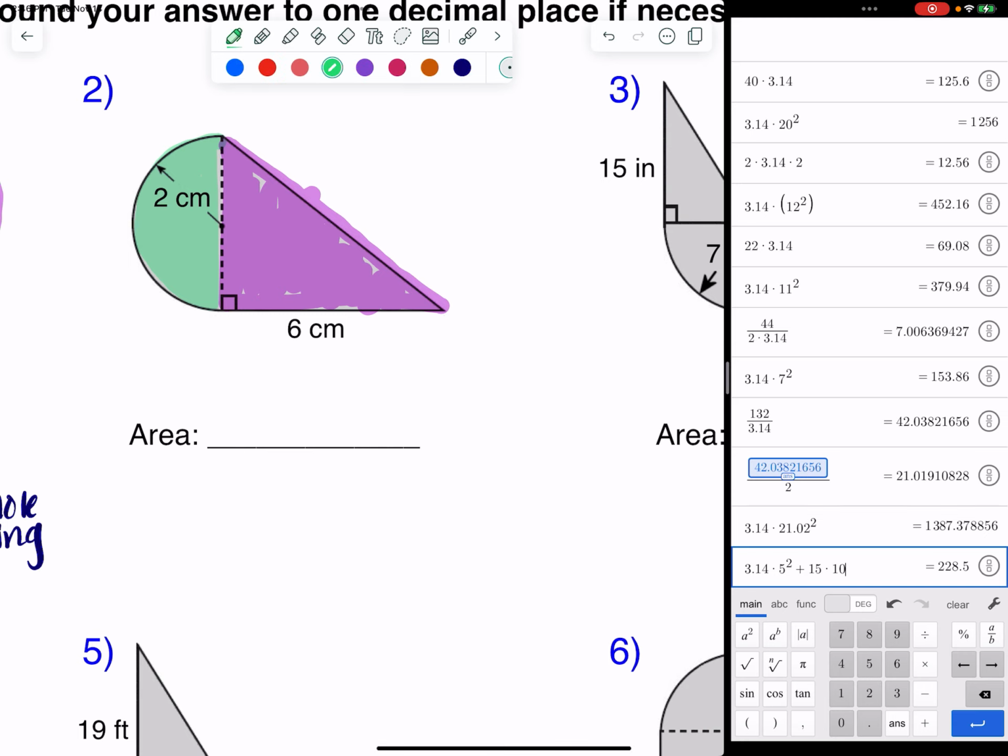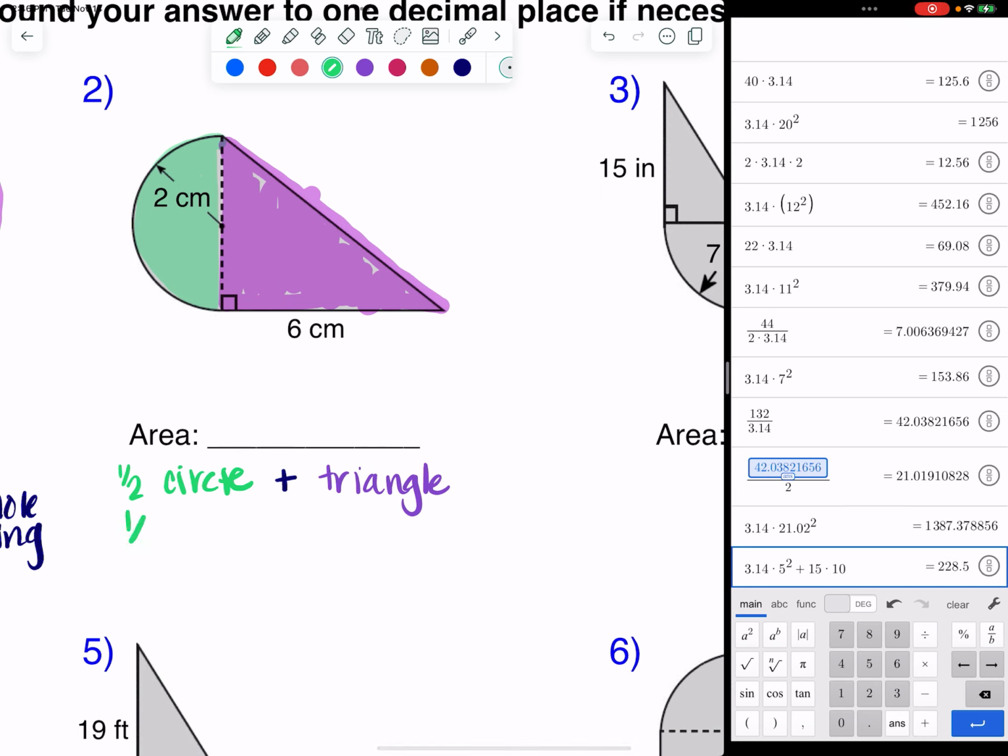So if I find the area for half a circle, I don't know why I keep crossing my L in the circle. And I find the area of the triangle, and I add them together, I get the whole thing.